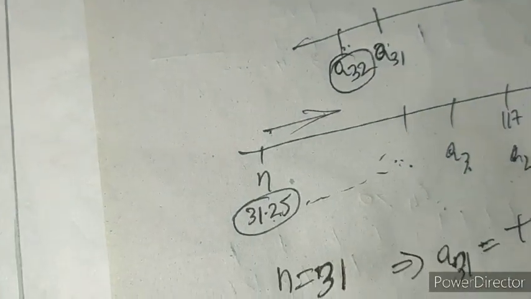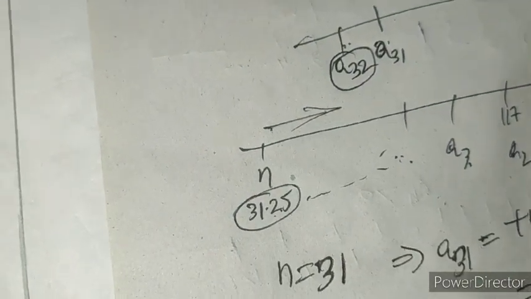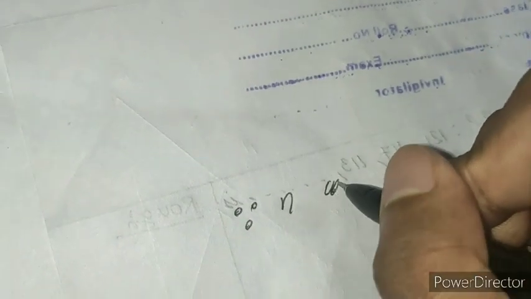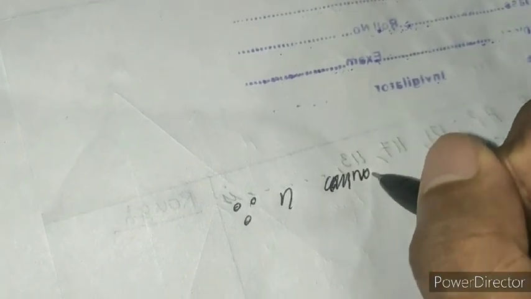So a32 is the first negative number. Since n cannot be in decimal, therefore, what will be the value of n? Therefore n is equal to 32.